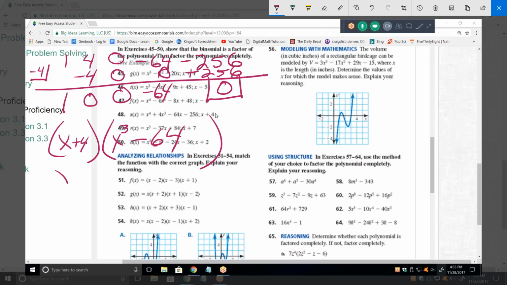Again, this looks like, what's that called? Difference of perfect cubes. Okay. Factor it.